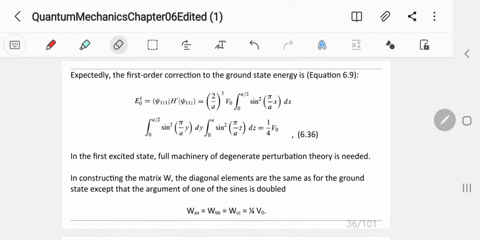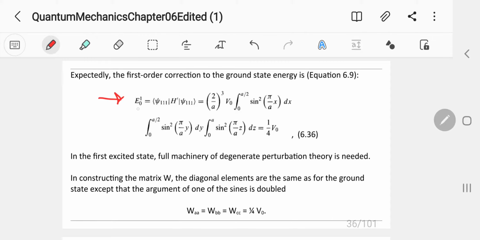So you have to calculate each E0, 1. So you will have here for the ground state this one. Now we're actually doing the correction for the first excited state, but let's look at this first for the first order correction of the ground state.